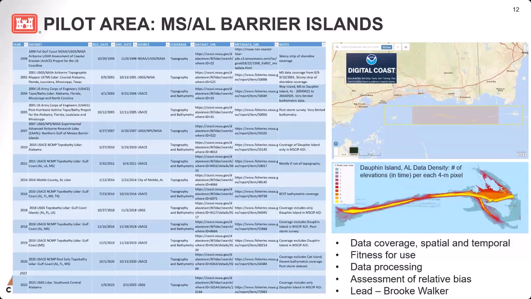A lot of these data sets are topography only, especially the older ones. And then, of course, URLs for where we would download that data set, largely from Digital Coast, and also for that important metadata, and then any particular notes that we glean from looking at the data coverage polygons.